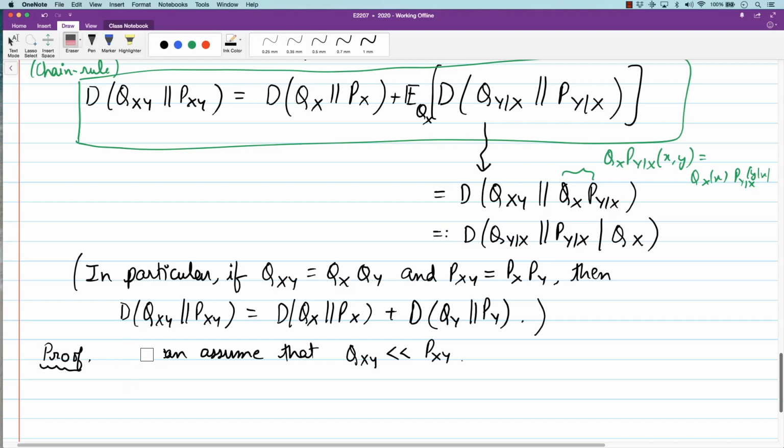Maybe I should not prove this for the general case. It will look very technical. I'll give the proof for the discrete case. For discrete distributions.